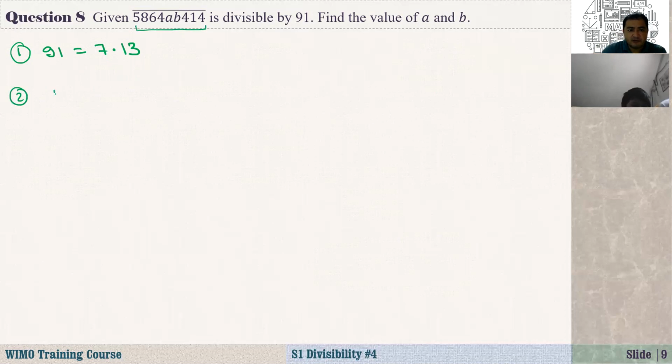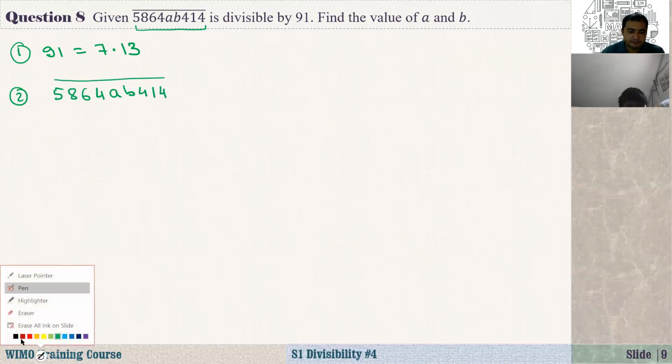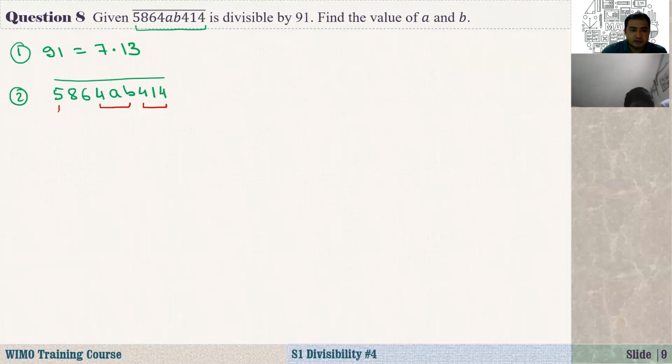So here we have 5, 8, 6, 4, A, B, 4, 1, 4, which is just a single number. So now we need to group them in 3s: the first 3-digit number, the second 3-digit number, and the third 3-digit number, right? I would just name them.